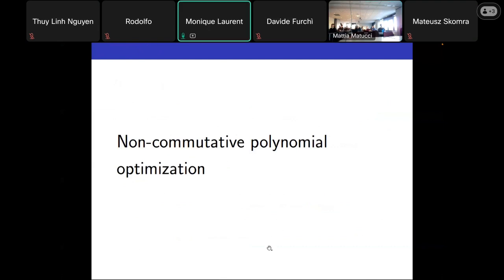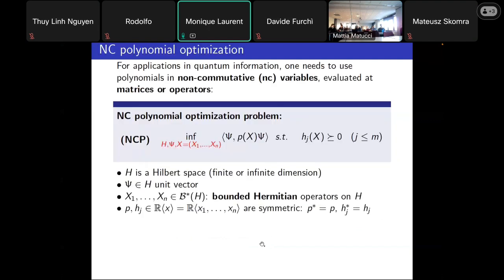So first of all, what is non-commutative polynomial optimization? Here is a typical instance of non-commutative polynomial optimization. So let's go over it. We are now dealing with polynomials which have non-commutative, abbreviated as NC, variables.